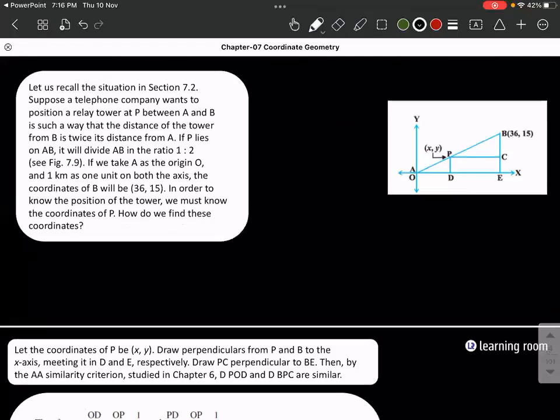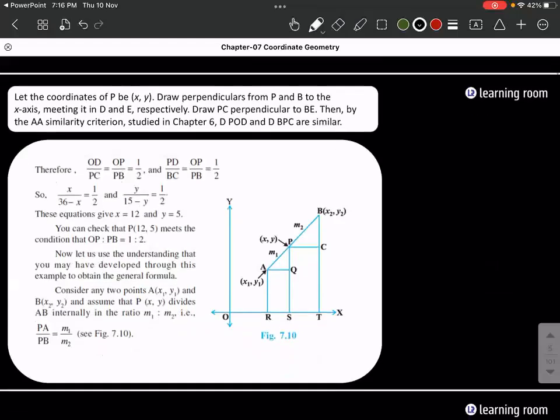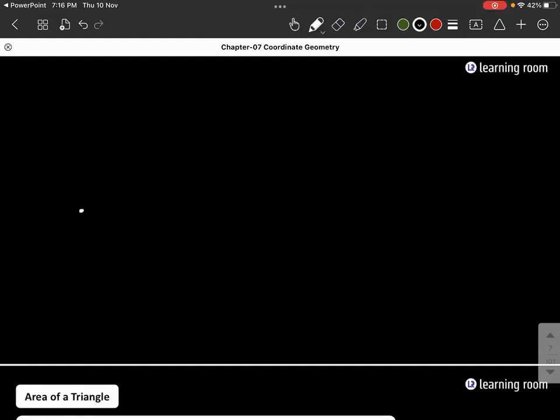Next is section formula. What does section formula tell us? Suppose I have 3 points A, B and C, and I'll take this point as P for instance.